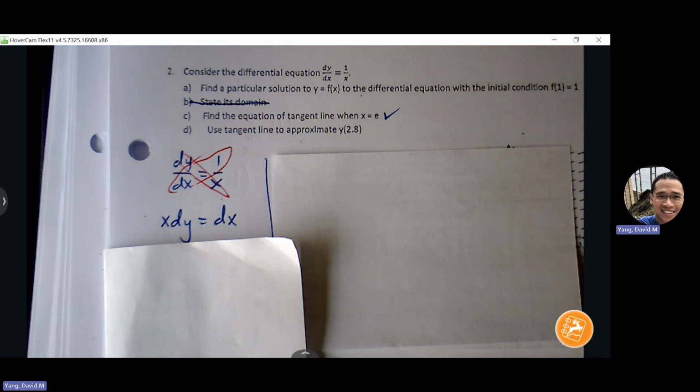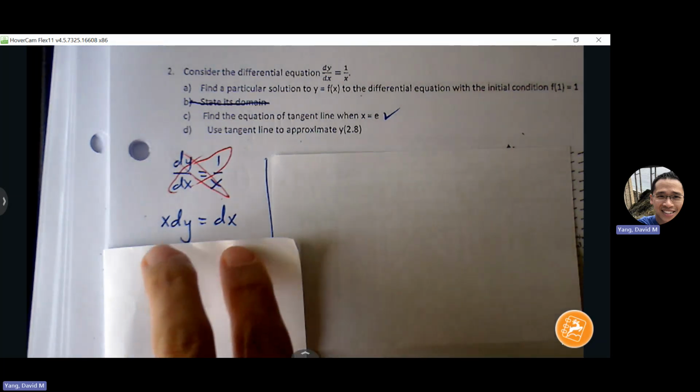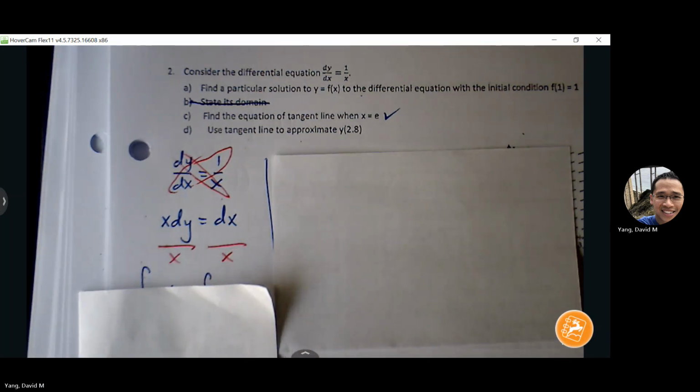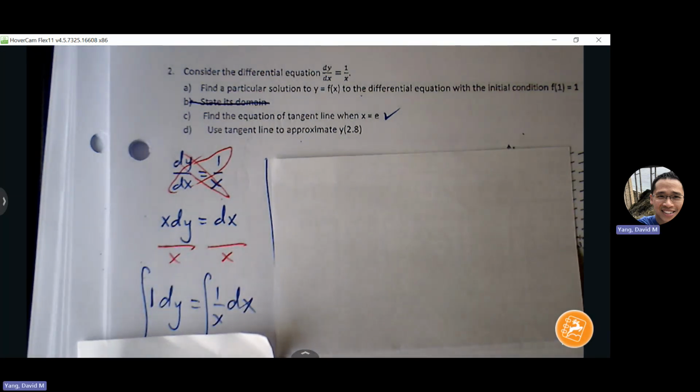So the dy dx's are in place, that's good, but do we have full separation of variables yet? So what needs to move? X. So where's x gonna end up? To the right. In the denominator, yeah. Now do we have full separation of variables? Yes, y is on the left, x is on the right.